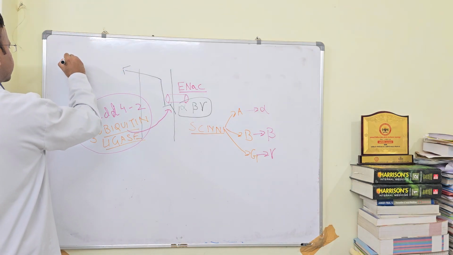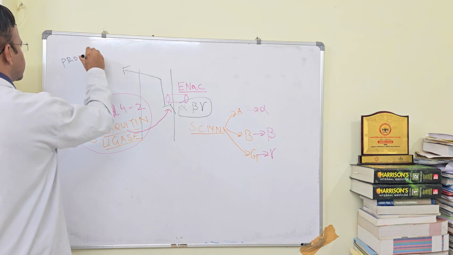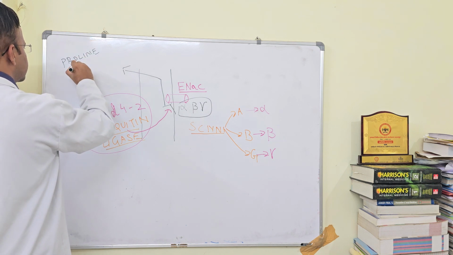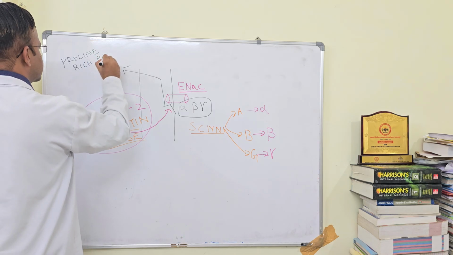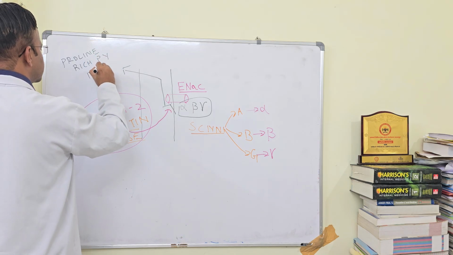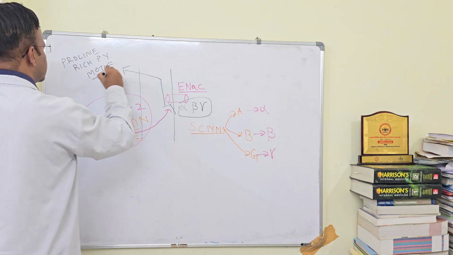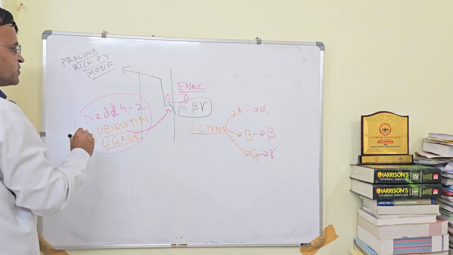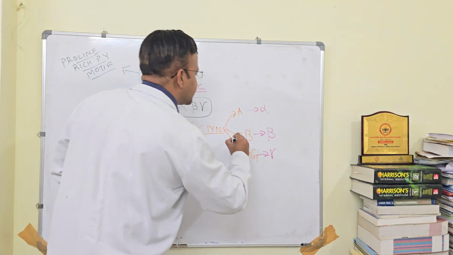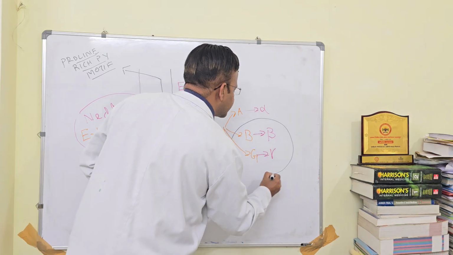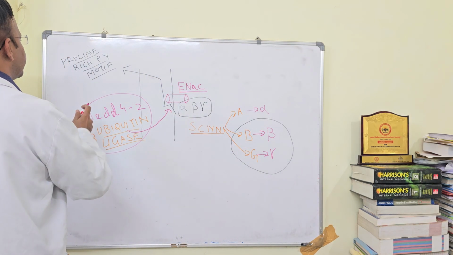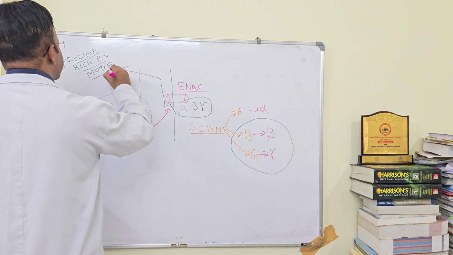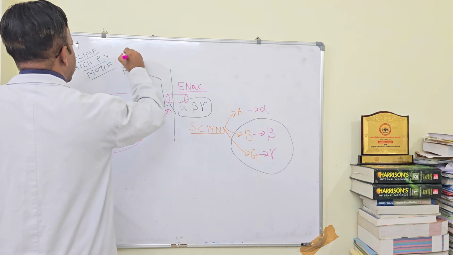Where is it situated? At the C terminus ends of these two subunits, beta and gamma. Proline-rich PY motif at the C terminus ends of beta and gamma.